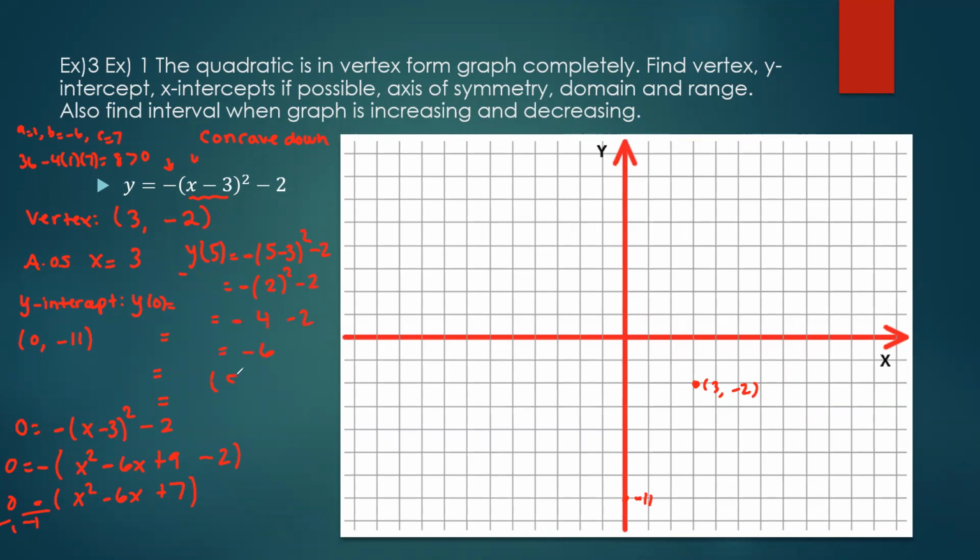So you have a point at 5 comma negative 6. So yeah, that's another way of finding the extra points. Just make a table or plug in random points. So 5 comma negative 6 is 3, 4, 5. 1, 2, 3, 4, 5, 6.